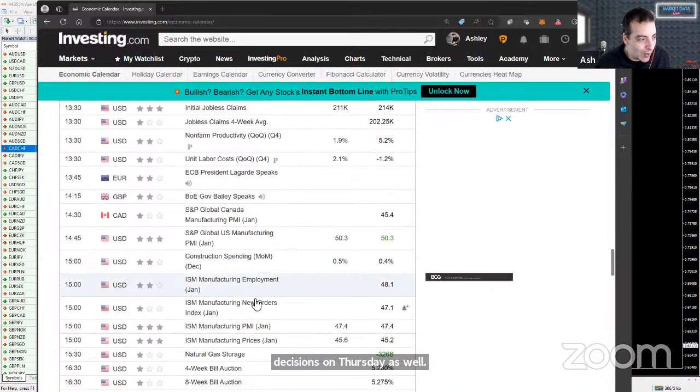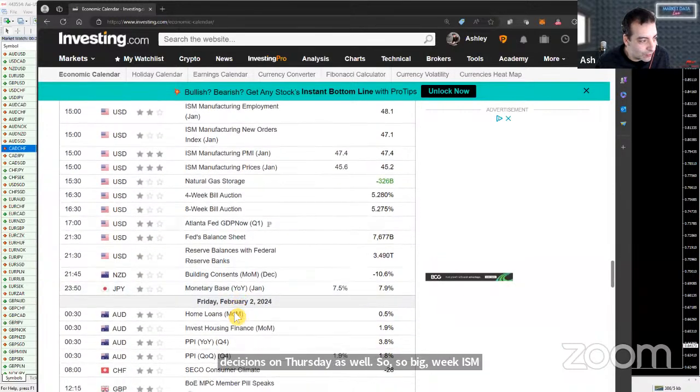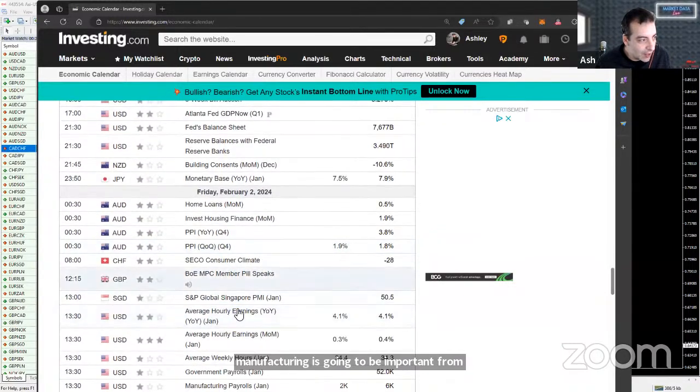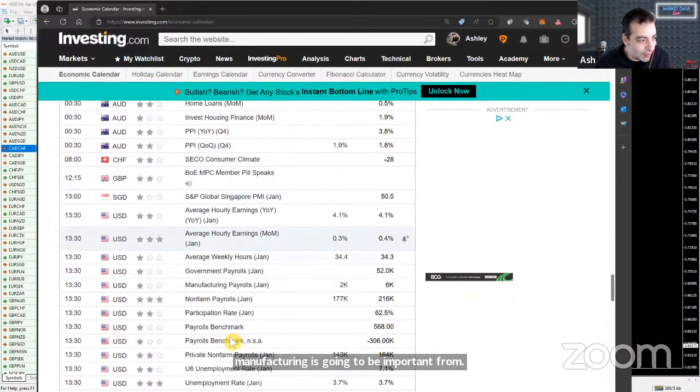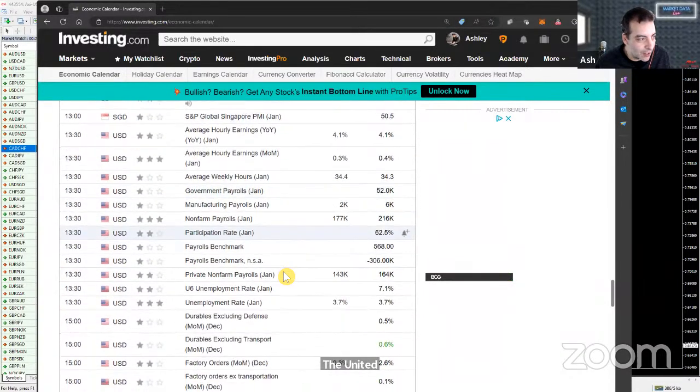So a big week. ISM manufacturing is going to be important from the United States. Some PPI data, the jobs market as well from the United States on Friday.